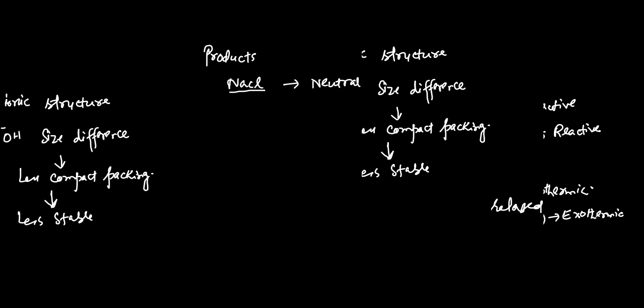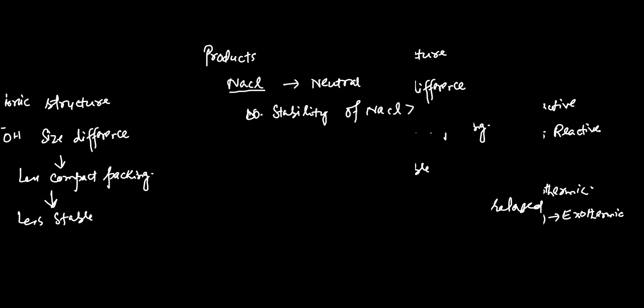So the pH is around 7 here. Is it more stable than sodium hydroxide? Yes. So if the question is asked, the stability of NaCl is greater than that of sodium hydroxide. So why?